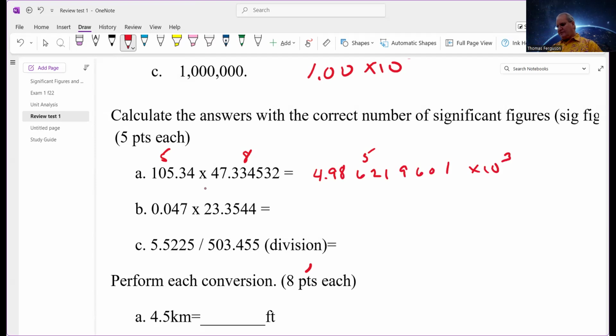Okay, so that's more than 5. So let's go to the 6th place. Now becomes, wait a minute here.